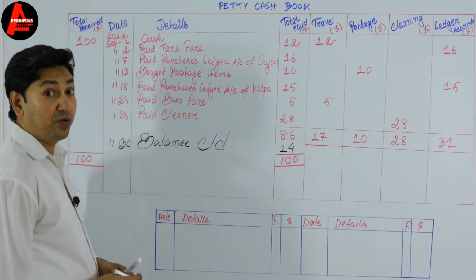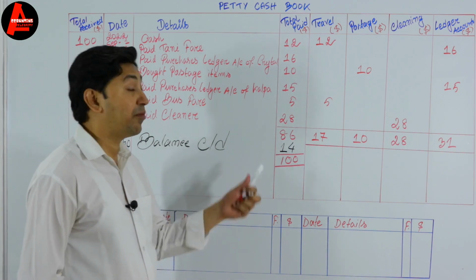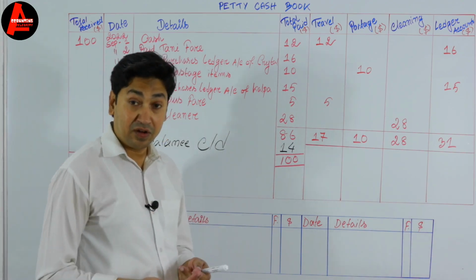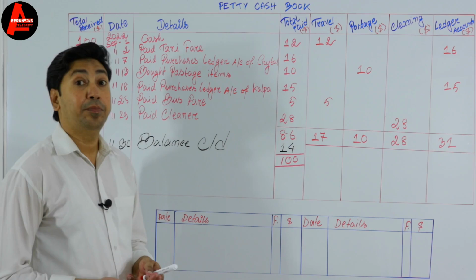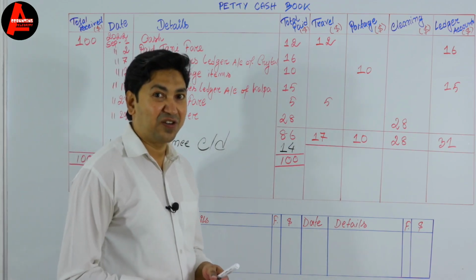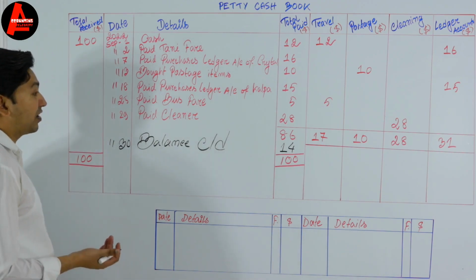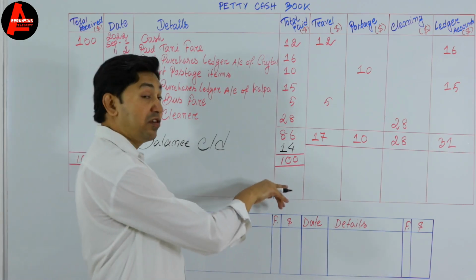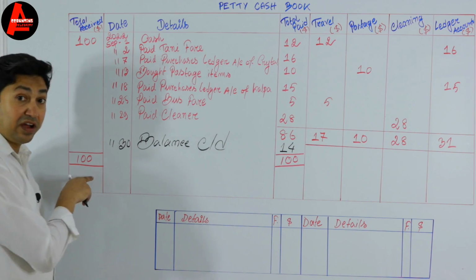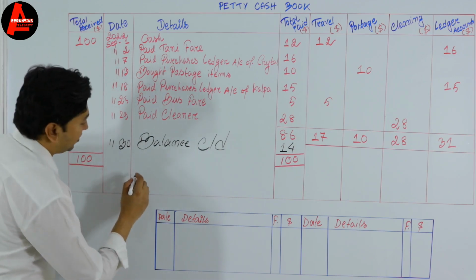Great. Now what to do? Now we need to transfer this amount to the next month. We need to bring down the balance. How to bring down the balance? It is also simple. We need to come below the total. So let us come here.